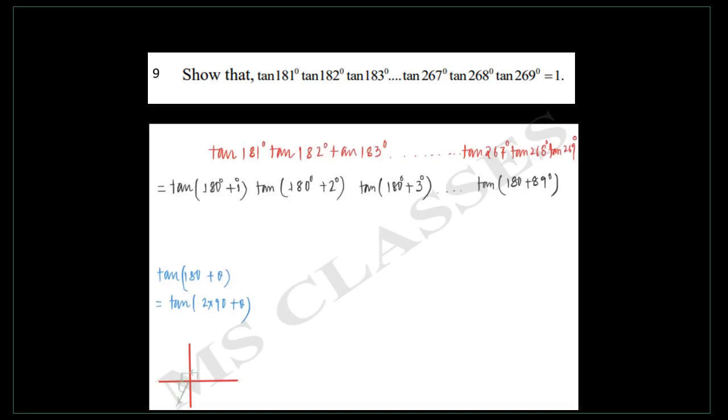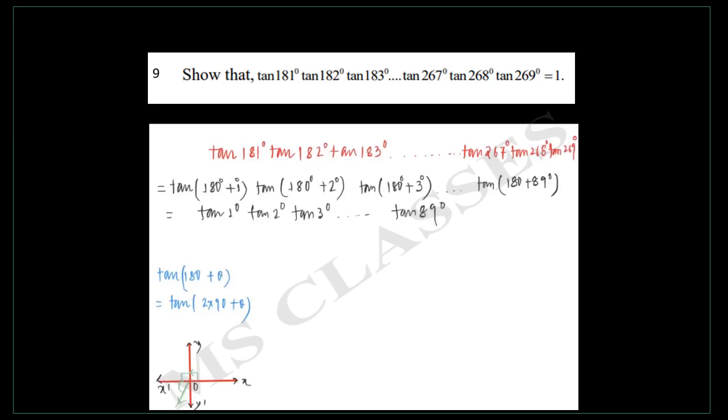That is the angle in which quadrant? The angle lies in the third quadrant. And in the third quadrant, tan is what? Tan is positive. So in this case, we can rewrite the statement as tan 1, tan 2, tan 3, and so on, tan 89.